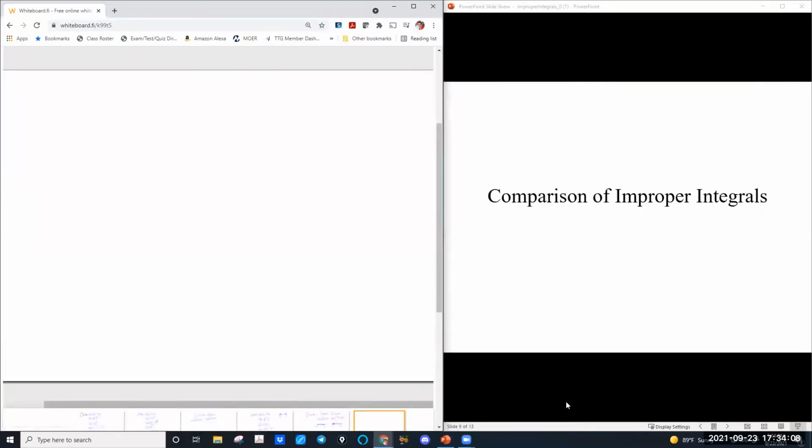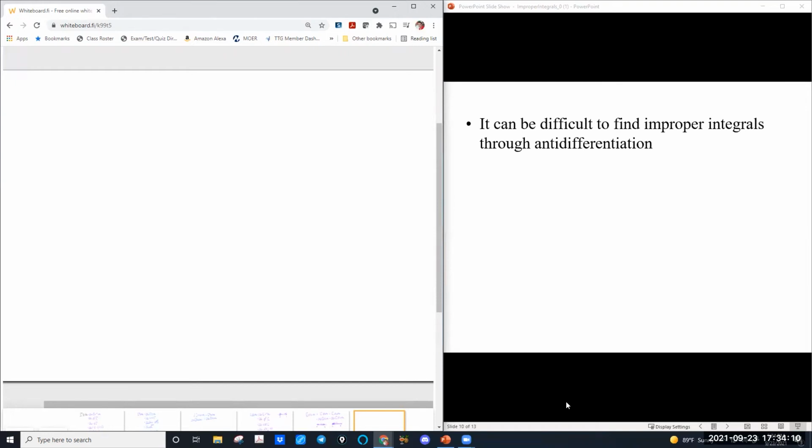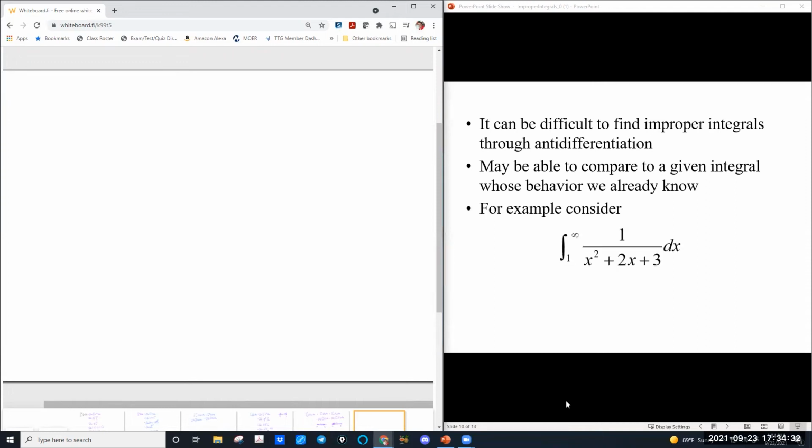Now, what happens here is sometimes we have improper integrals that are tough to do via anti-differentiation. We discussed that on Tuesday with our numerical integration, right? Well, we may still care whether they converge or diverge. So what we do is compare to a known integral which we already know converges or diverges.